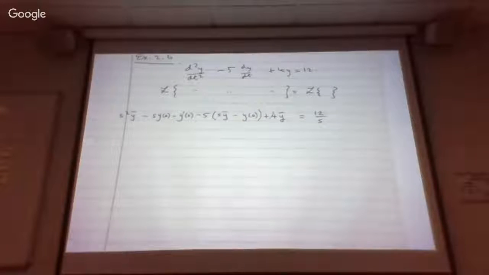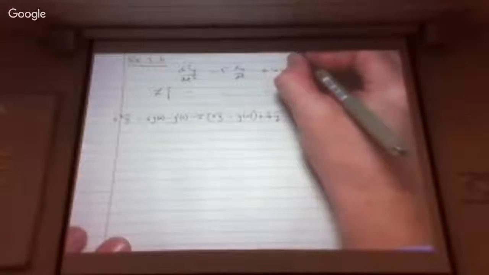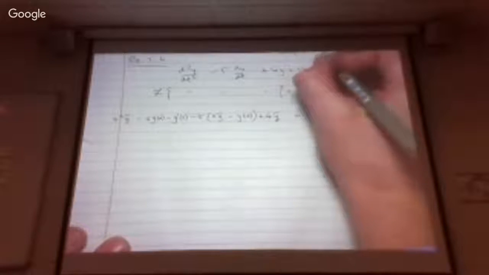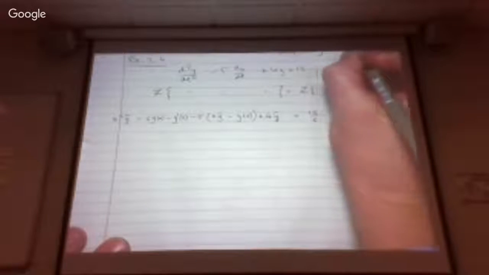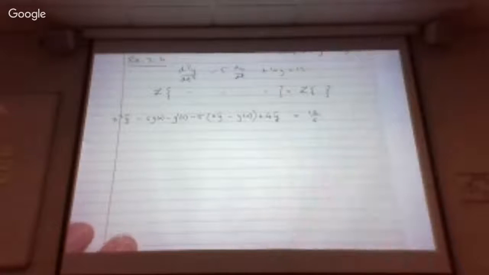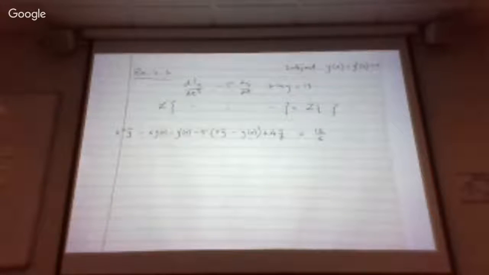Now you'll notice in the specification of the problem, we were also given initial conditions. So solving this ODE subject to the simplest type of initial conditions, the initial value of both the unknown function y and its first derivative are both 0.